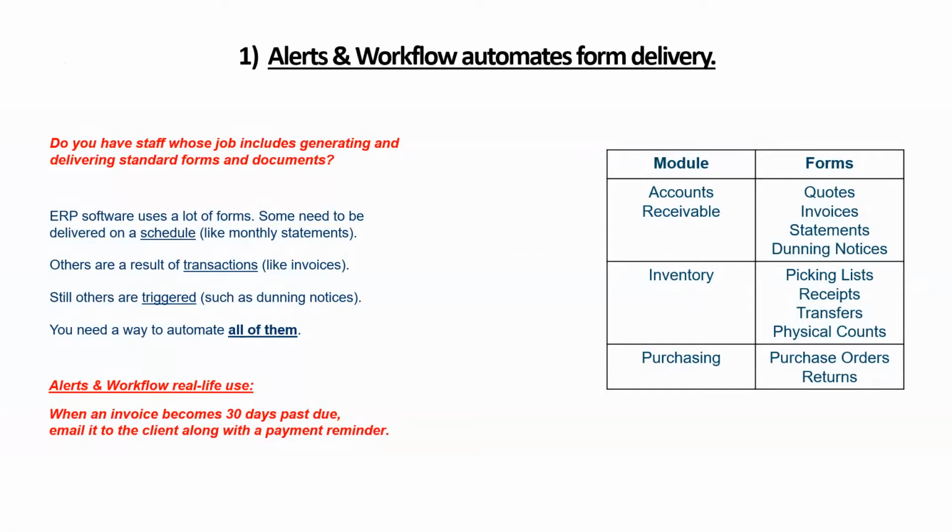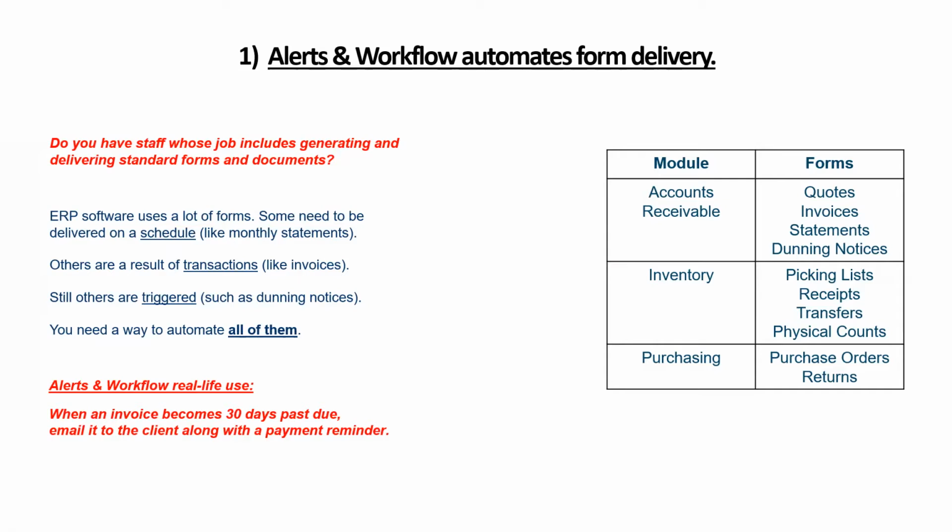And so we have a lot of different things that you could automate the sending of: quotes, invoices, dunning notices, pick lists, purchase orders. Again, all of that information is out there in your database, and so let alerts and workflow work for you to find that information.